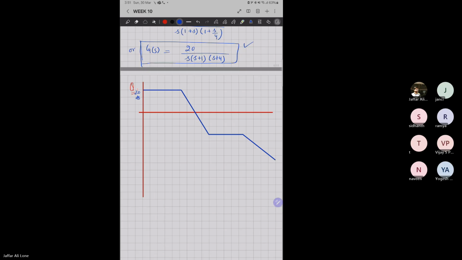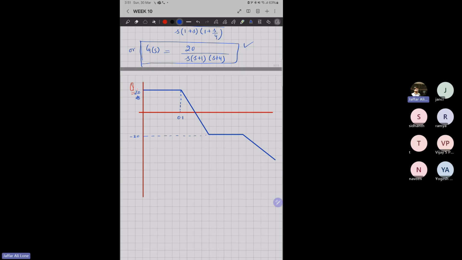And this value, so now you have to figure it out yourself. This is minus 20. So this value is 0.1.